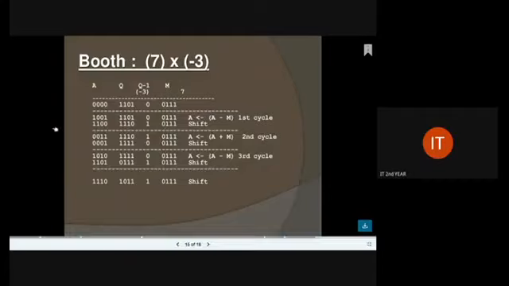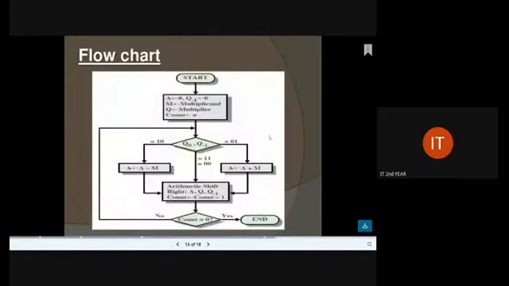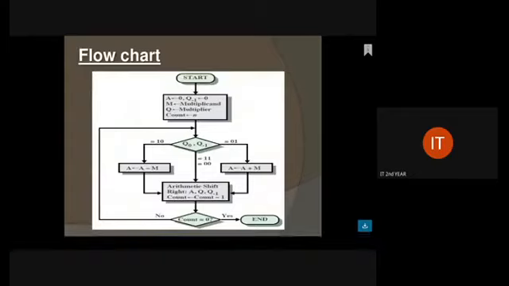Just a recap, we are dealing with 4 main points. First, we have to assign the value of A, Q, M and counter. Then we have to analyze whether q naught and q minus 1 values are 0 0, 0 1, 1 0 or 1 1.